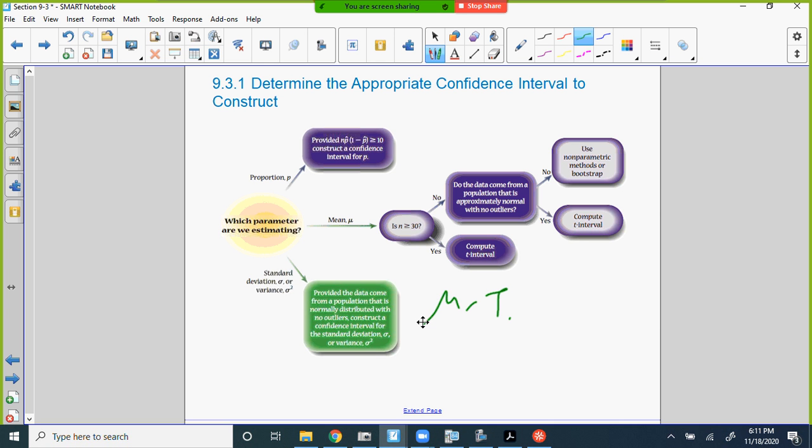So if you think about when do I use a T, you're looking for the what? If you see mean, then you should do a t-interval, right? And that works better.